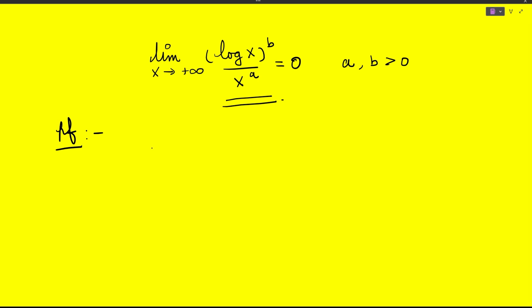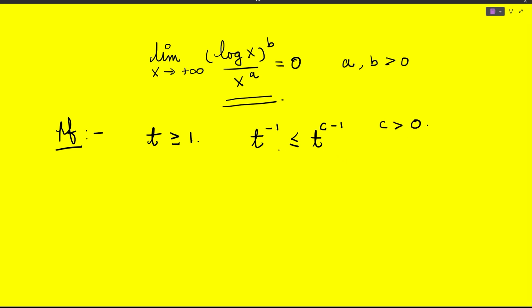The proof is, I'm going to pick a variable t, and t is bigger than or equal to 1. I'm doing this because I want t^(-1) to be less than or equal to t^(c-1), where c is positive.